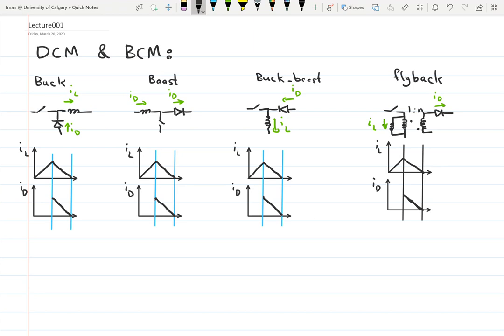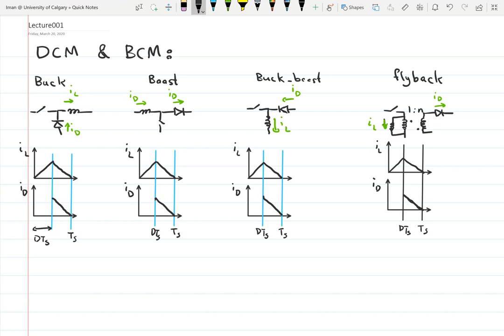Okay, so how can we identify if we are operating in the DCM or BCM mode? One approach that I want to take is this: if this is time DTS, the duty cycle multiplied by the TS, and then this is TS, DTS, TS.